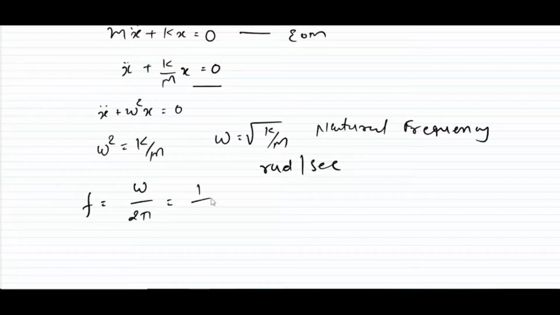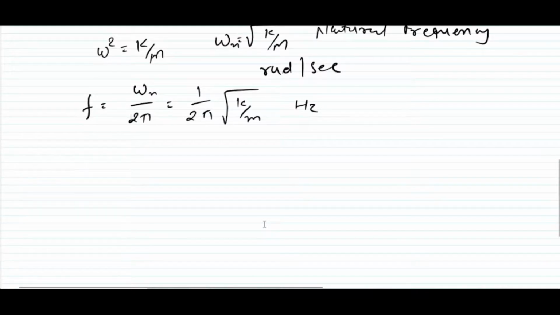So you can say 1 by 2 pi square root of k by m in hertz, and sometimes it's denoted by omega n because it's the natural frequency. This one is the angular natural frequency, and this one is the natural frequency in hertz. So this is the undamped free vibration system, where the mass continuously oscillates for infinite time.